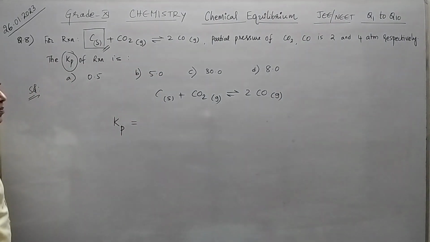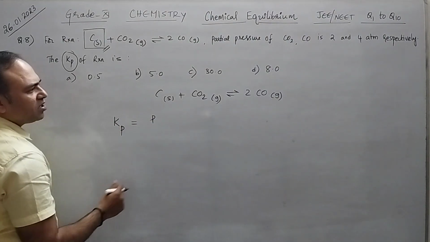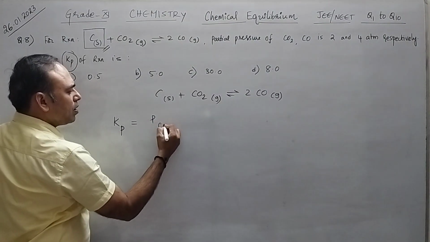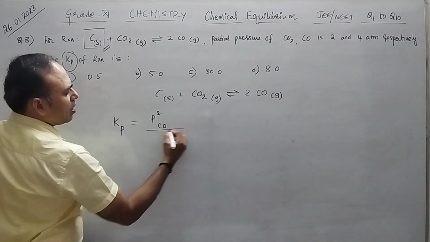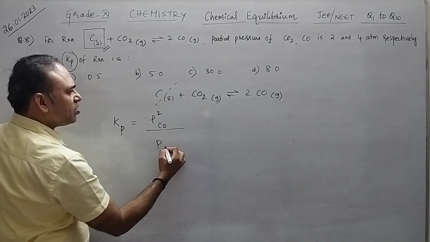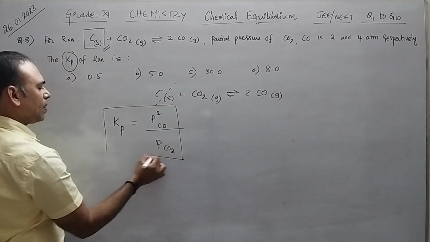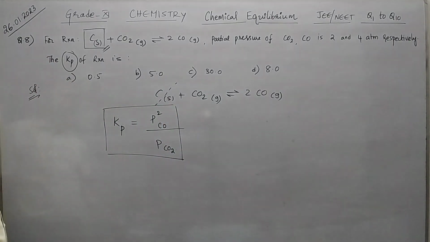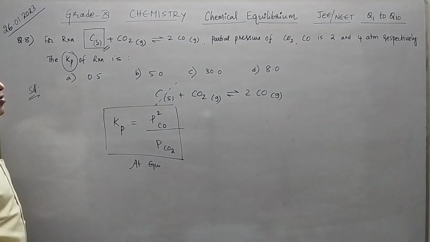So Kp is calculated as the partial pressure of CO, coefficient is 2, hence we write it as P square, divided by, so this we need not consider, the partial pressure of CO2. So this will be your formula. At equilibrium, they have given the value of partial pressure.